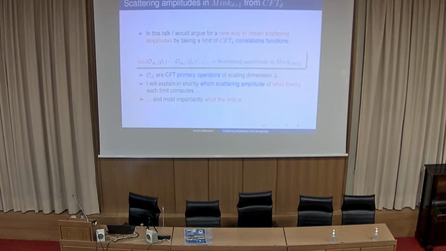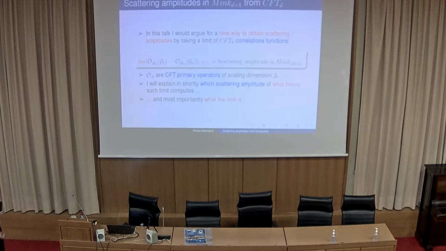And this would compute a scattering amplitude in Minkowski space in 1 dimension higher. So again, the purpose of this talk is to explain which scattering amplitudes and what theory such a limit computes, and most importantly, what do I really mean by saying limit? Okay? At this point, you're not meant to understand this, but you're meant to be surprised.